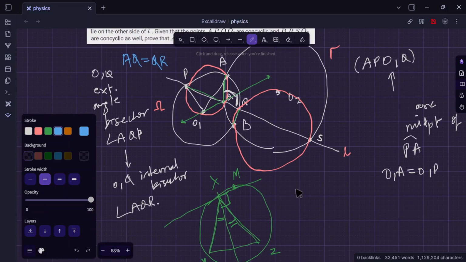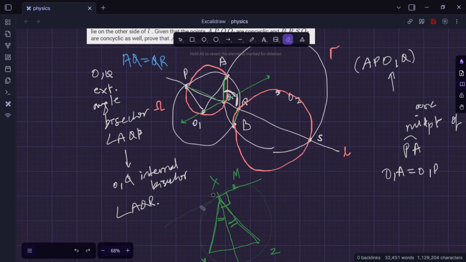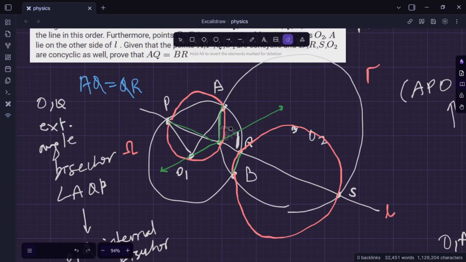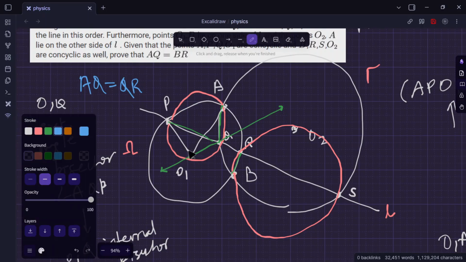Now what I'll do is show that O1Q also bisects the angle AO1R. I'll erase all of this first so that it doesn't make too much of a clutter. I'll erase these angles as well. Fine. So what I'm going to show is that this angle AO1R is also bisected by O1Q.